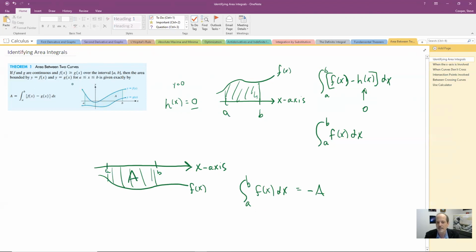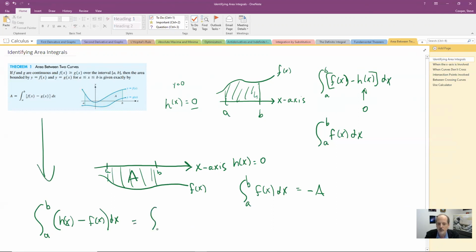Well, this all makes sense now, because let's call this h of x again. Now, following this rule, I have to take the curve that's on top over that interval, and this time h of x is on top. So by this rule, I want the integral from a to b of the top function, h of x, minus f of x dx, because h is on top.